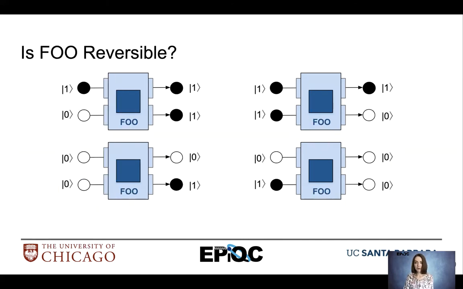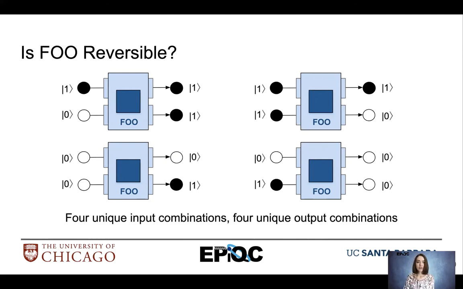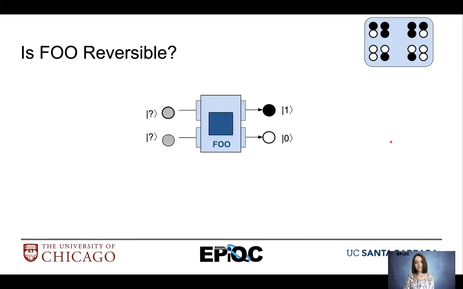Let's just make an arbitrary function. We'll call it foo, and we'll check to see if it's reversible. So we have 4 unique input combinations and 4 unique output combinations. So far, everything seems to check out. So we'll make a visual truth table from the information on the previous slide.